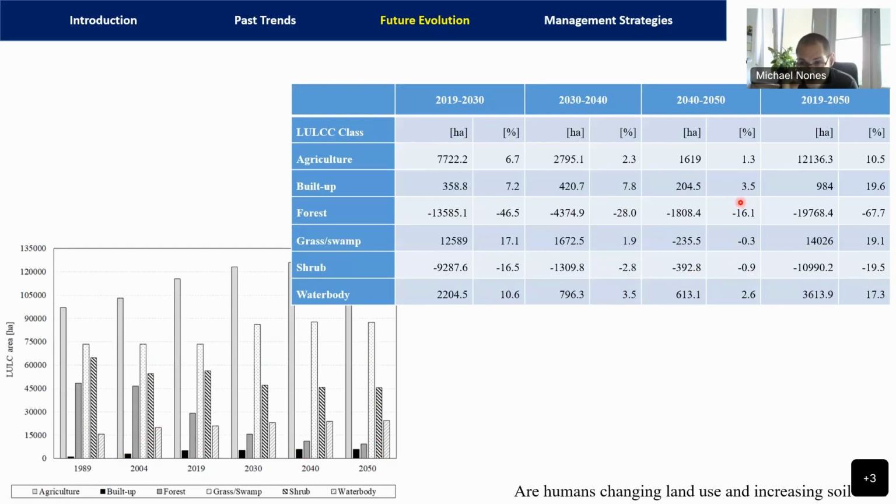Basically, the conclusion is the same: we have an increase in agricultural, built-up areas and water bodies, and we have a significant decrease in forests and shrubs. This means that we have a decrease in all those areas which are fixed by vegetation. So this means that we observe, and we will observe, rather significant impact of humans on the land use.